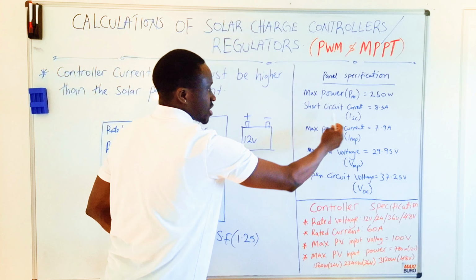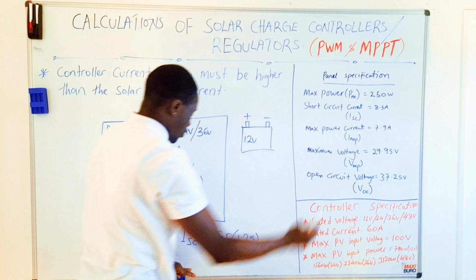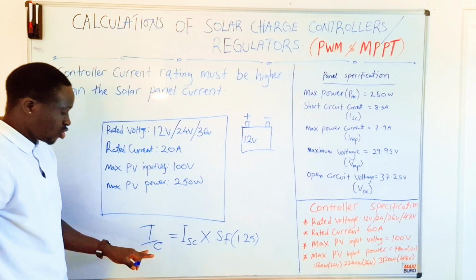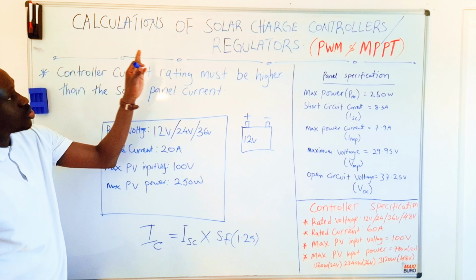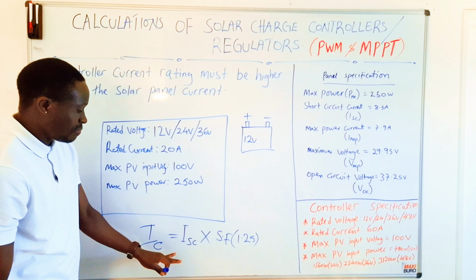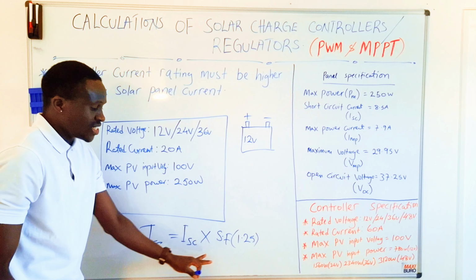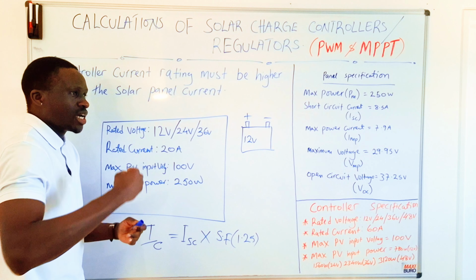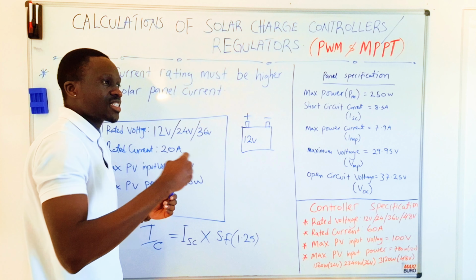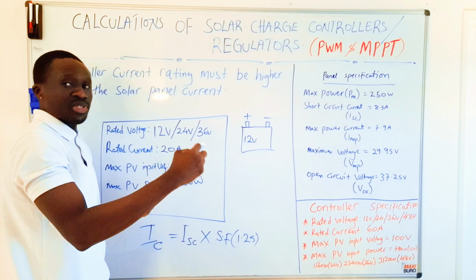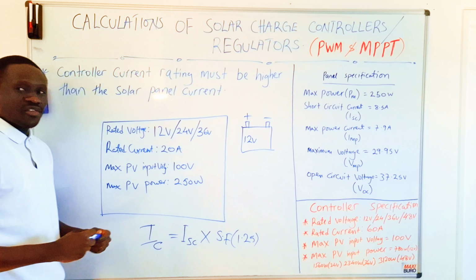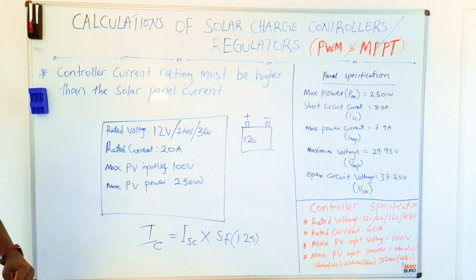Then take that short circuit current, 8, times 1.25, and you'll get the solar charge controller current you will need to buy for your system. But after getting this answer, please try to get the nearest available current rating to the one you have got, and it will be fine for your system.